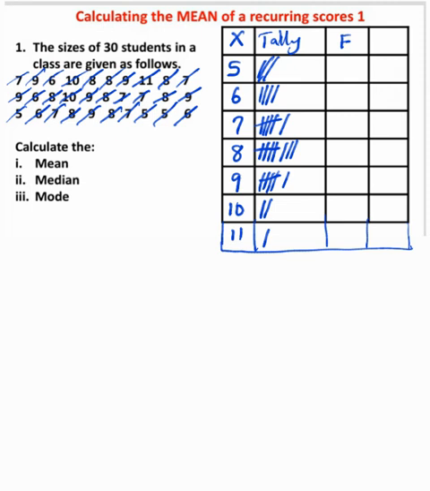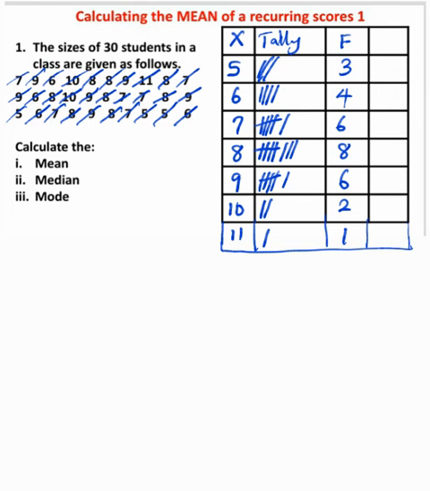All right. These are the number of times each of these data appears in the distribution given here. So we have 3, we have 4, we have 6, we have 8, we have 6 here, 2 and 1.